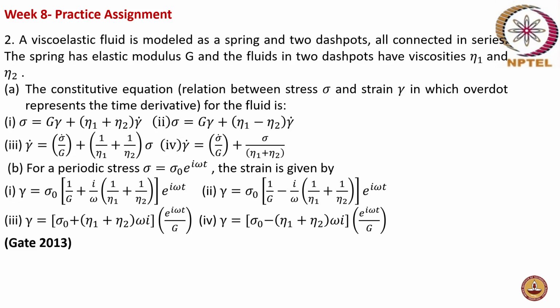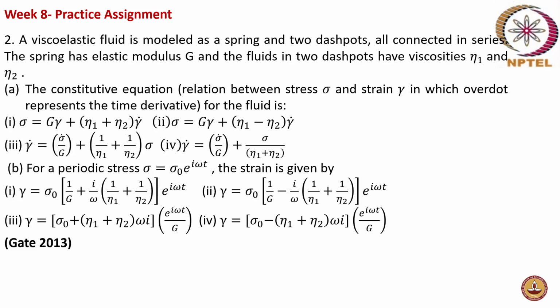So they have given a viscoelastic fluid, and I told you, in phenomenological modeling they take springs and dashpots as mechanical analogs, and make combinations of them to understand the overall behavior of a particular polymeric or viscoelastic material.